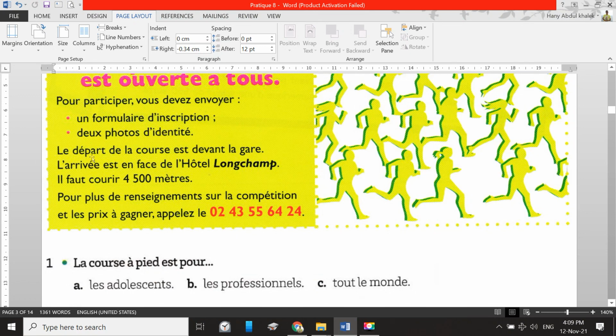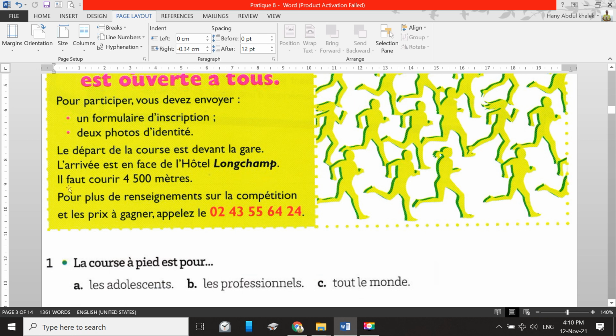Okay, what about the departure, the beginning? Le point de départ de la course est devant la gare. Is in front of the train station or the metro station. You will start the beginning. And l'arrivée, the arrival point est en face de l'hôtel Longchamp. Okay, is in front of the hotel Longchamp. This is the name of the hotel.